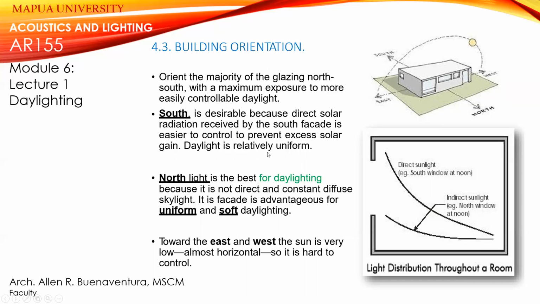Daylight is relatively uniform. So the south side is the most advantageous for excess solar gain control. The north light is the best for daylighting because it is not direct and is constant diffuse skylight. The north facade is advantageous for uniform and soft daylighting.